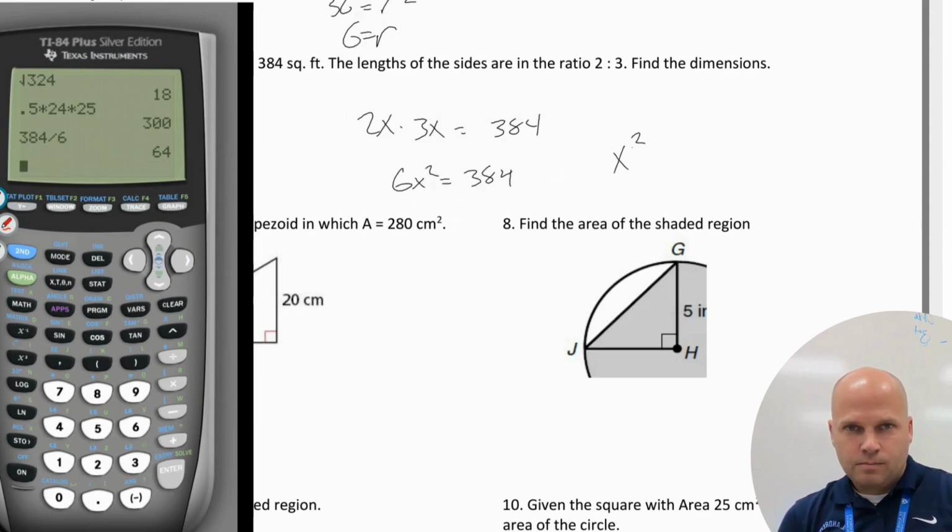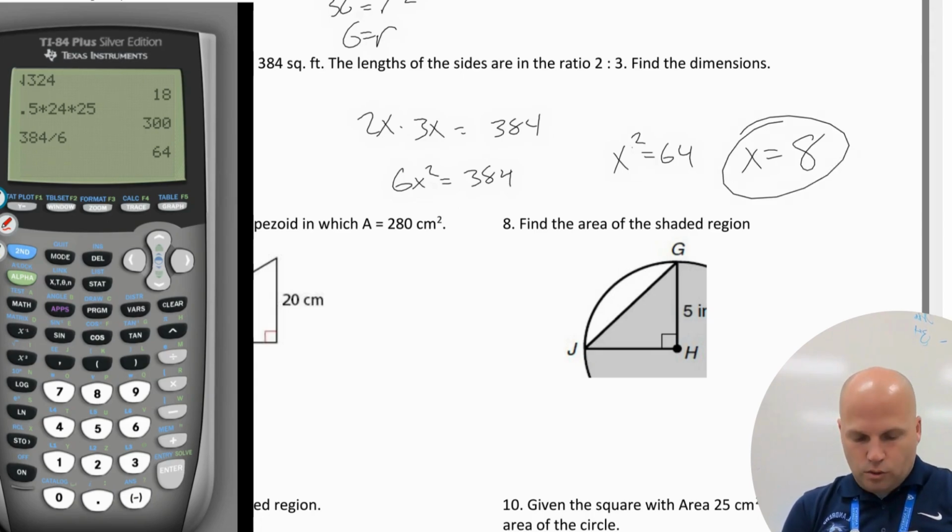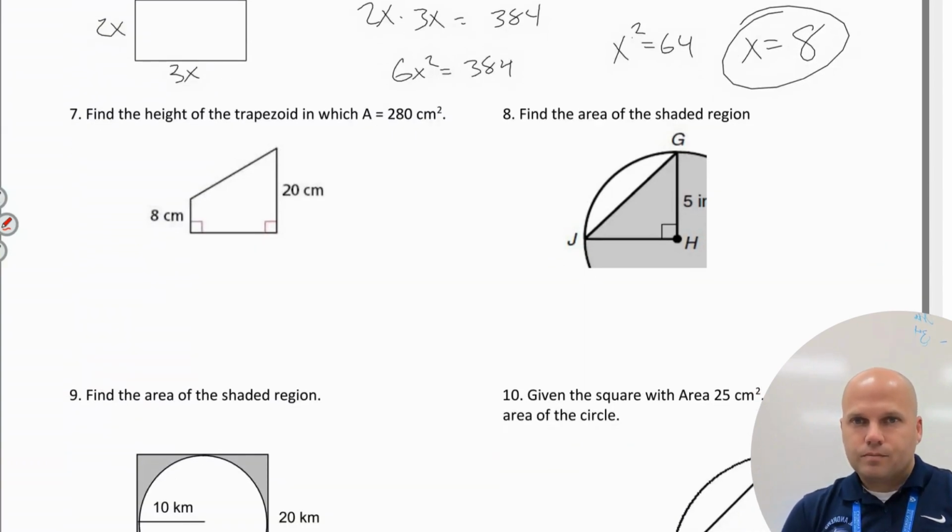Divide by 6. Square root, only consider the positive solution. Cool.